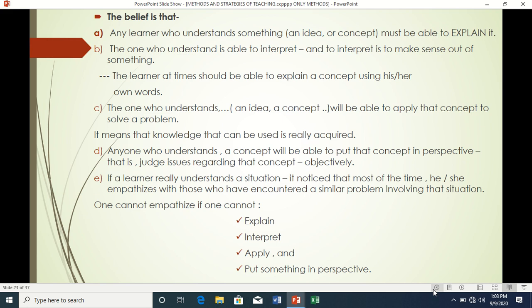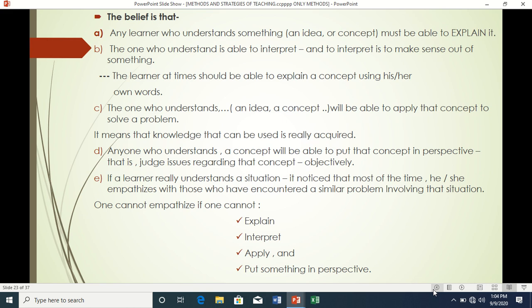The question will be, explain the underlined words as they have been used in the passage, not as they are in the dictionary. So, the one who understands an idea will be able to apply that concept to solve a problem.